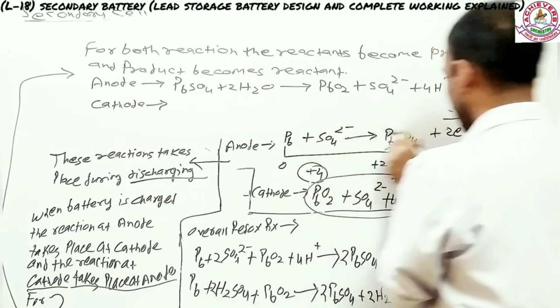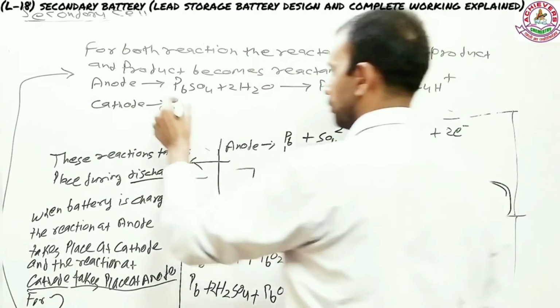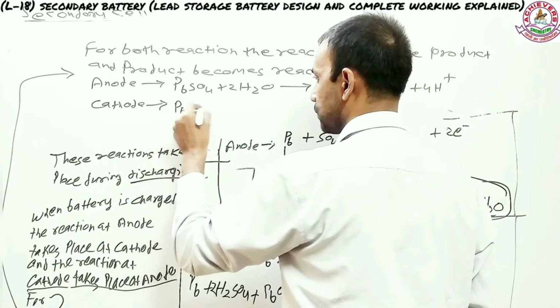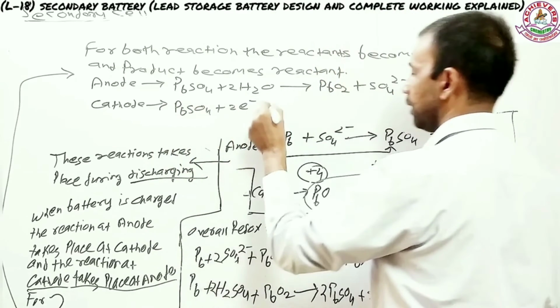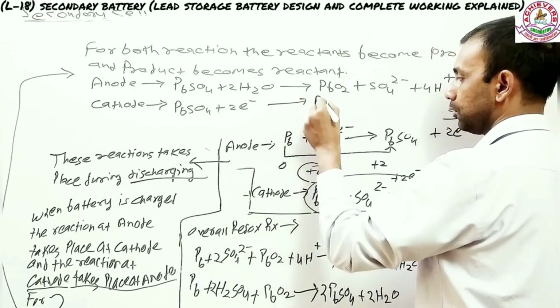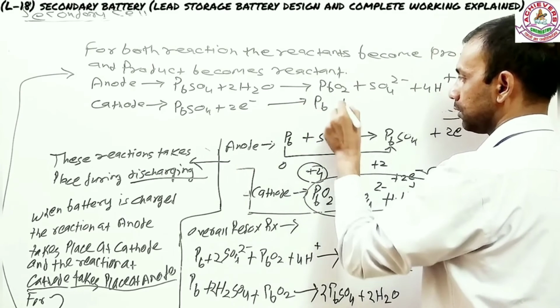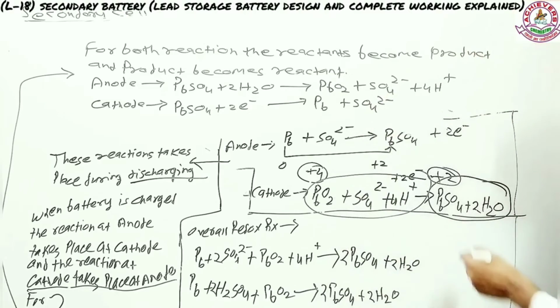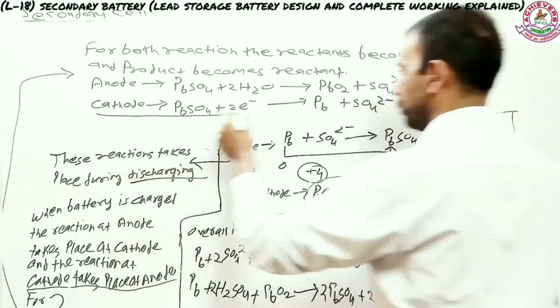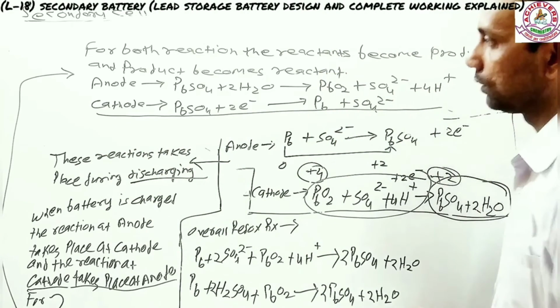So I'll be writing the product first. So PbSO4 plus 2 electrons, and this will convert into Pb plus SO4 2 negative. So that is what happens when you write the reaction for the charging.